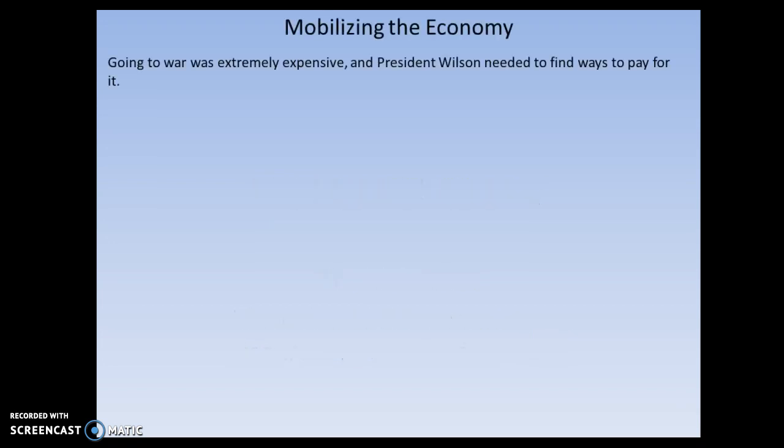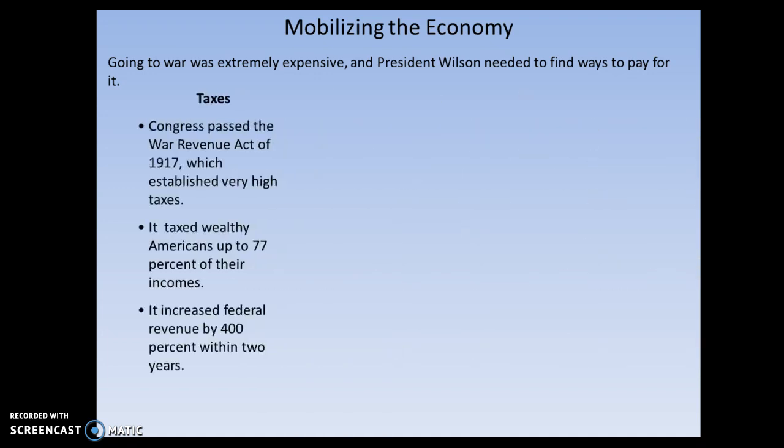So going into war is extremely expensive, and President Wilson needed to find ways to pay for that war. So one of those ways, taxes. Congress passed the War Revenue Act of 1917, which established very high taxes. It taxed the wealthy Americans up to 77% of their incomes, which is a whole lot.